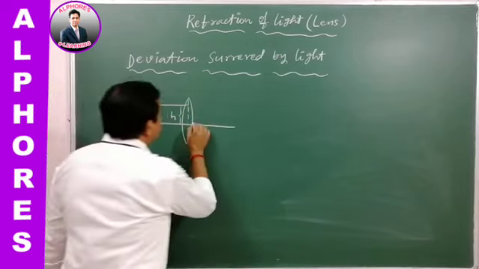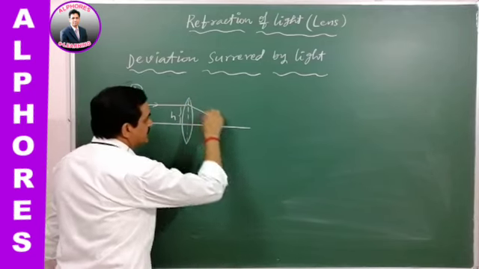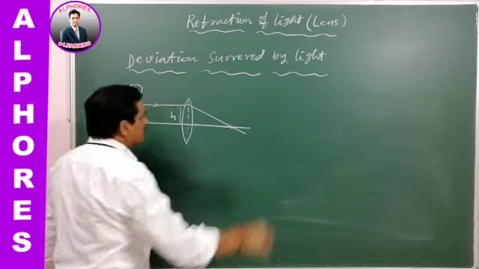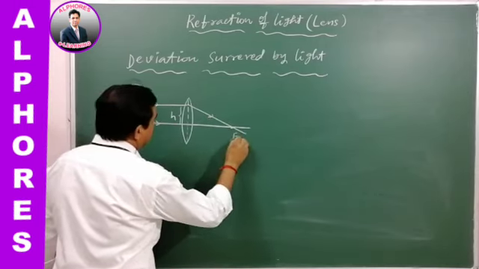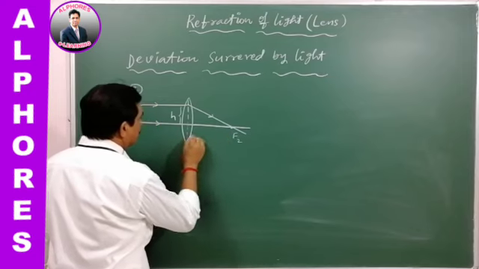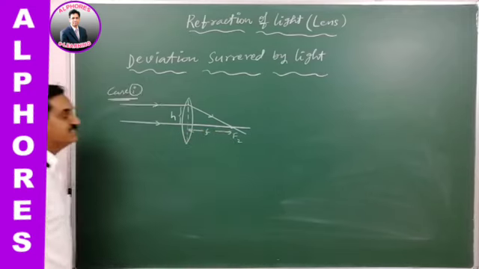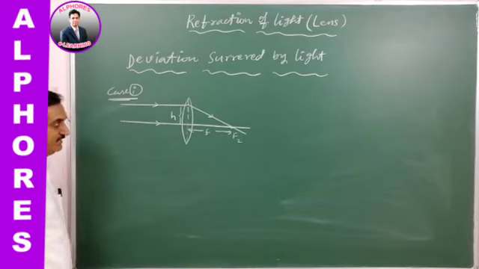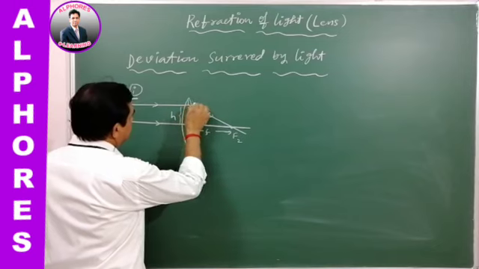Right? So after refraction, it comes to focus on the principal axis, which is at its focus point. Of course, this is the focal length, the image formed at a distance of its focal length. Now there is a deviation suffered by the light.